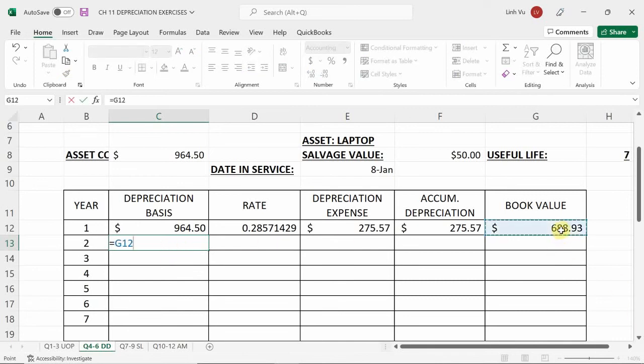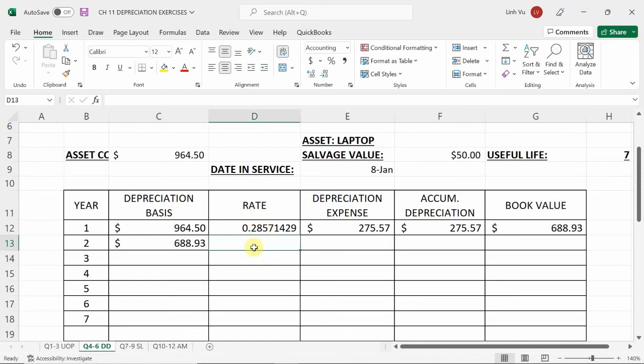Good. So what's my rate going to be? What is the formula for that? The rate?